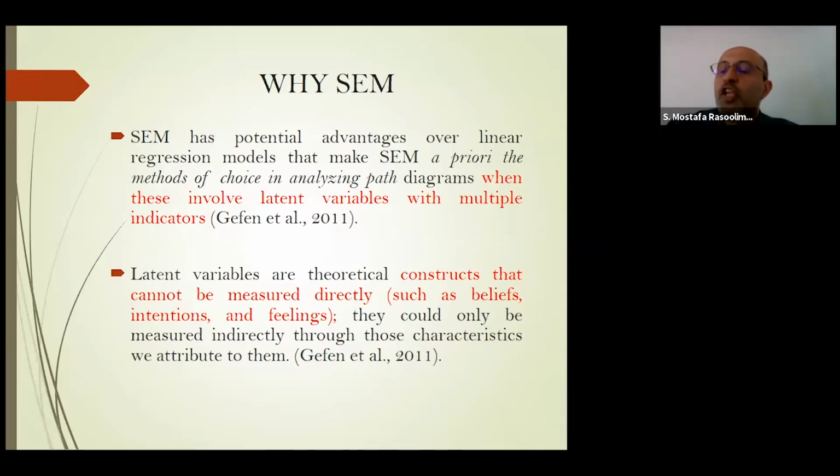And most of the time we have complex relationships between variables. So based on these two reasons, first generation is not suitable for most studies in social science, and we need to apply second generation, structural equation modeling. These are the two main reasons to apply SEM.